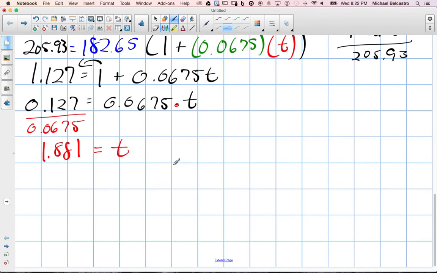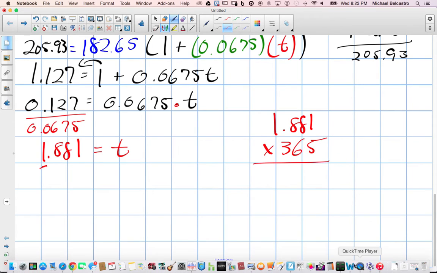Okay, and this is where time becomes difficult. This decimal of time, we need to convert it to days. We know that 1 year is 365 days. So what we can do is multiply this by 365. If we take 1.881 and multiply it by the 365 days, it'll give us days and a decimal. So we'll just round it to the nearest day.